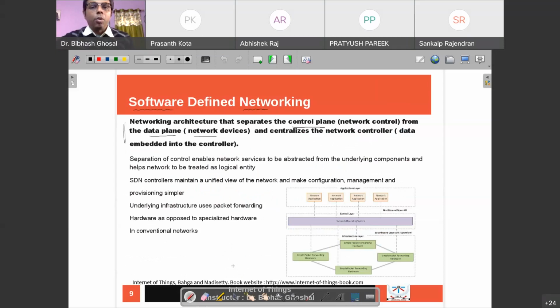Yes. So what we do is, we separate out the networking part and the control part. Look at this. We have a control layer, okay, where in between there's a controller, and this is the one that actually takes care of everything.